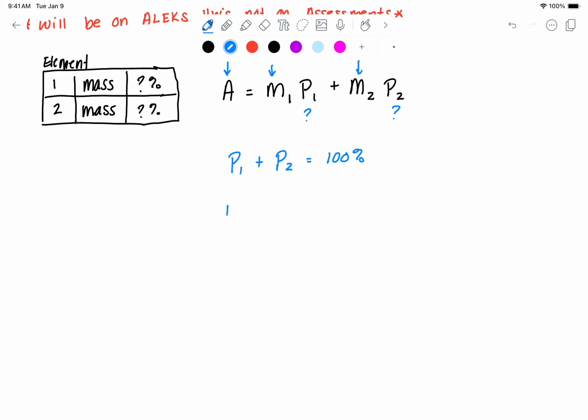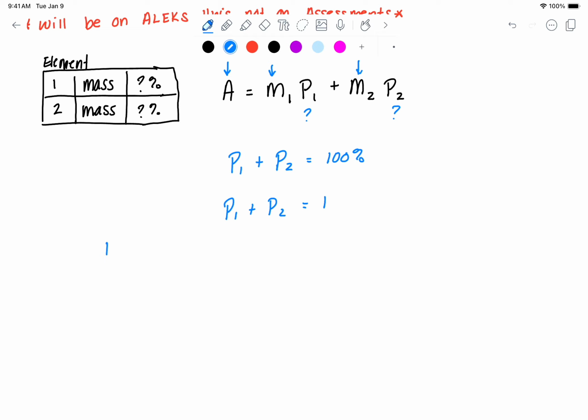So I'm going to rewrite this as P1 plus P2 is actually equal to 1. So what we can do is pick a variable to solve for and then plug that in for the other variable in the equation.